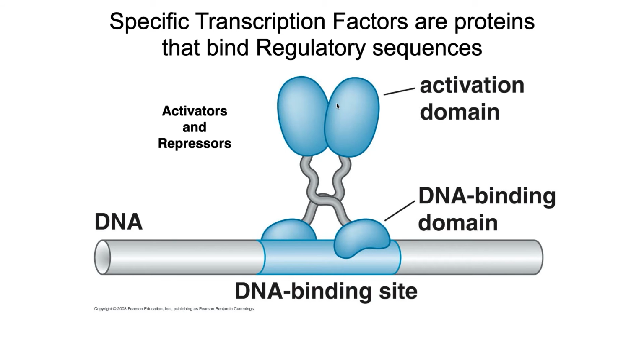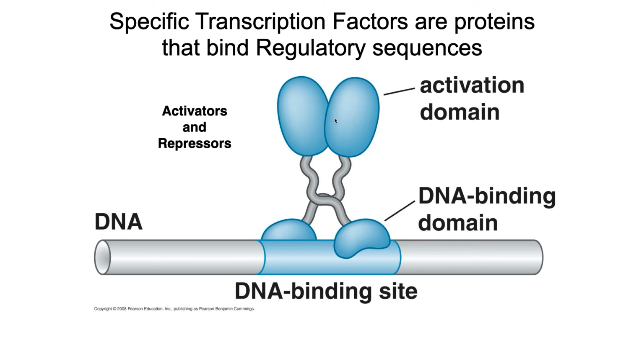Now, if we're talking about a specific transcription factor in prokaryotes, in bacteria, oftentimes the activation domain binds to RNA polymerase itself. It acts like another contact for that RNA polymerase to the DNA upstream of the gene. In eukaryotes, it's rarely the case that the activation domain of a specific transcription factor interacts directly with the RNA polymerase.